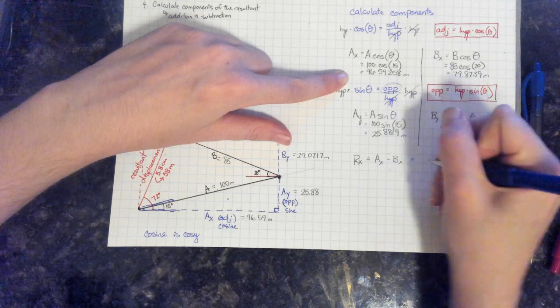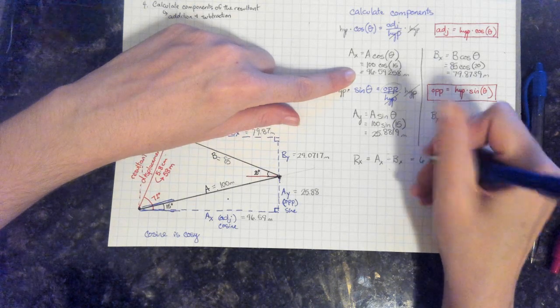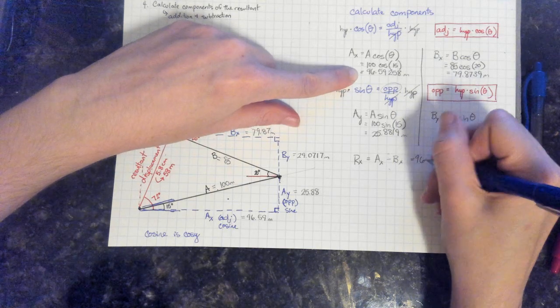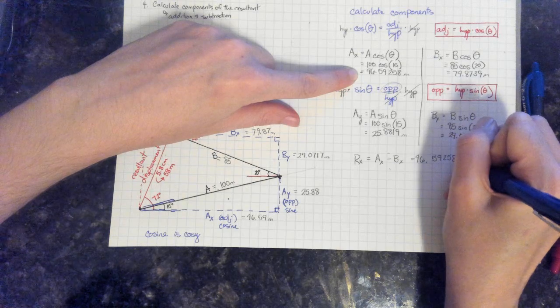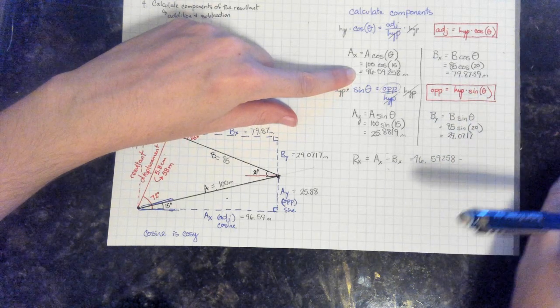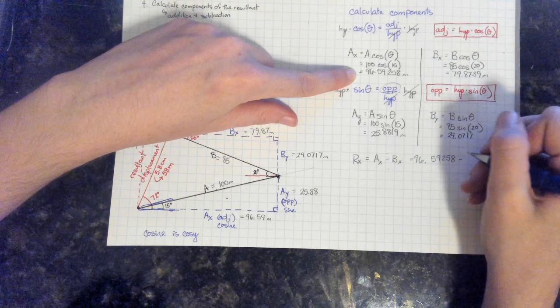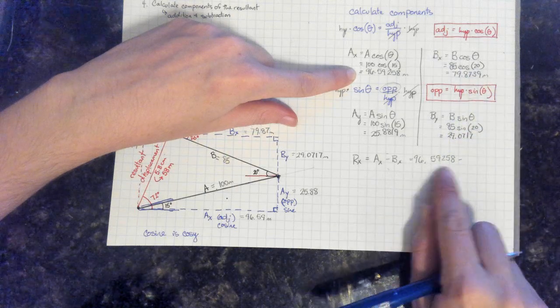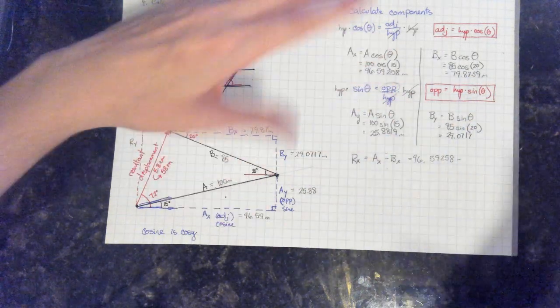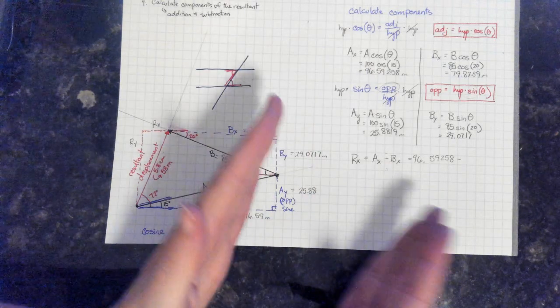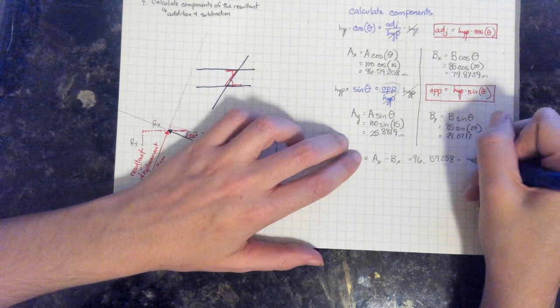So this will be 96.59258. And again, I'm calculating now, so I'm going to have a lot of decimals. That way I keep a lot of decimals until the very end, and then I'll narrow it down to just 2 or 3.